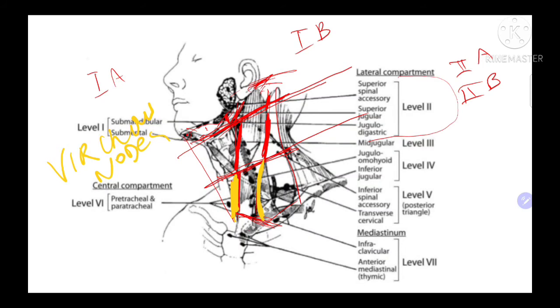Which one? In metastatic abdominal malignancy, we find that this supraclavicular node becomes inflamed and gets bigger. It's called Troisier's sign. Okay, this is from Rudolf Virchow. He was a German pathologist.